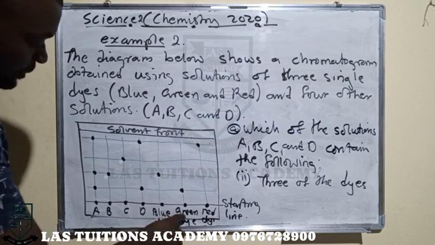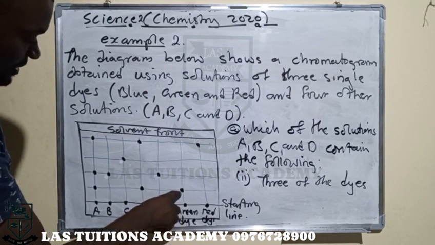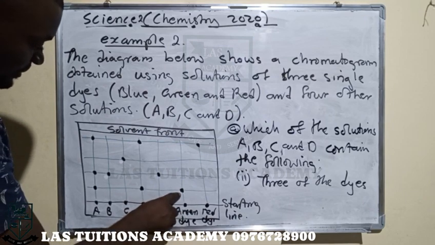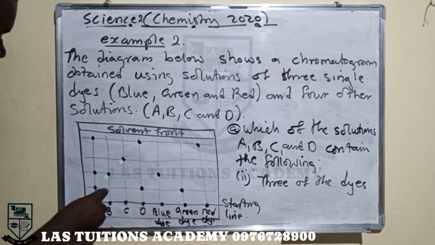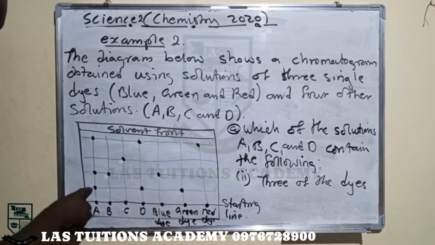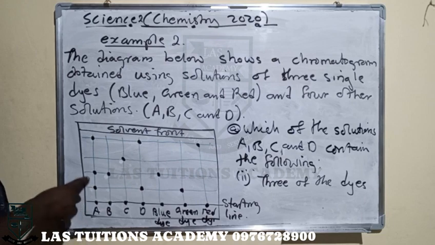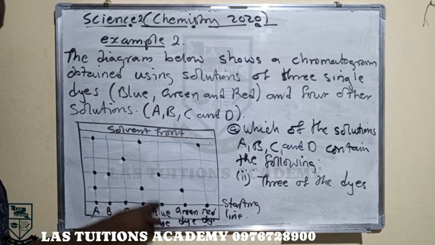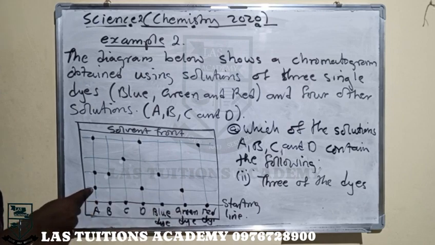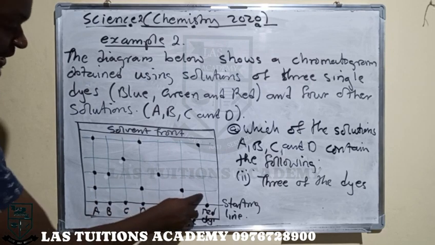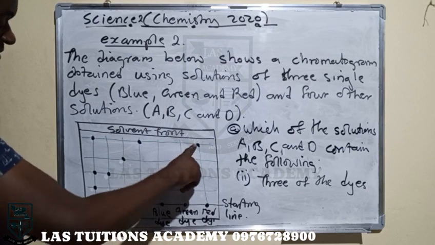Then we go to green. When we go to green, green goes to the first line only. So B doesn't have anything here. So we know it's A that has it. So A already contains blue, which is that one, and green, which is that one. Then we go to red. Red is on the fourth line.